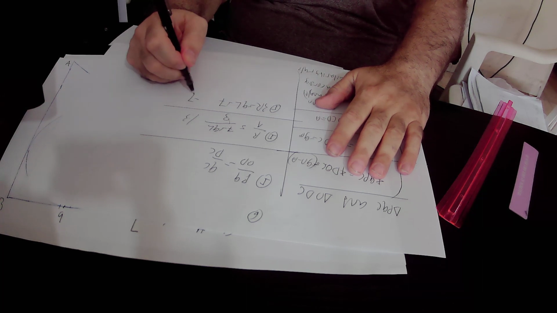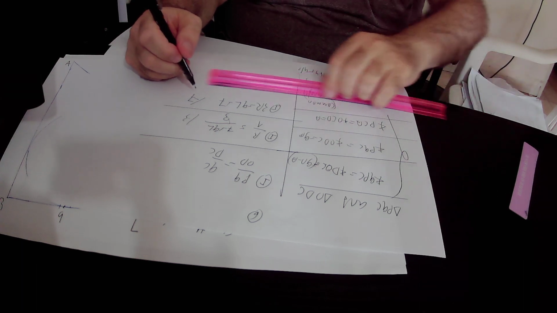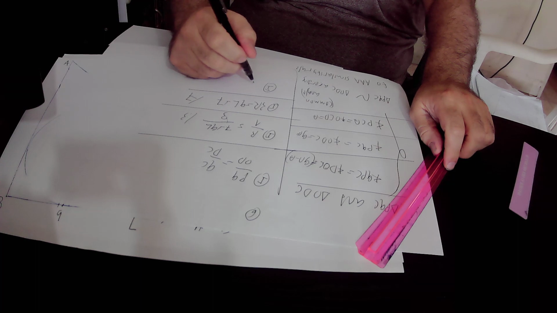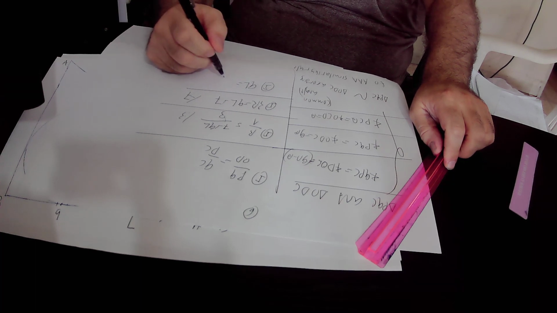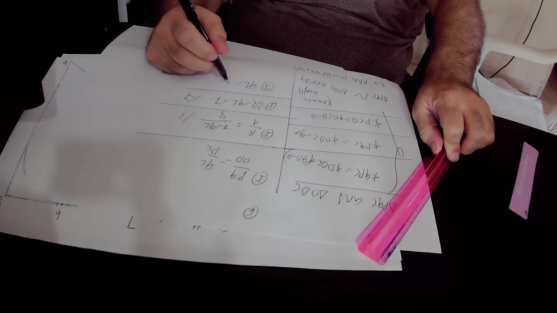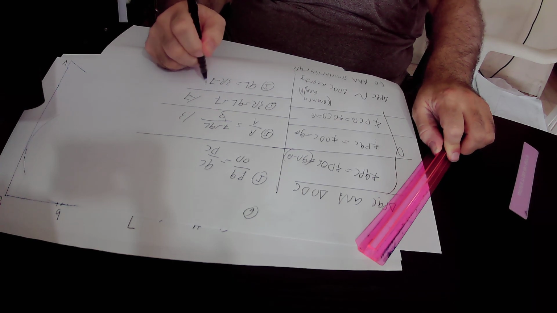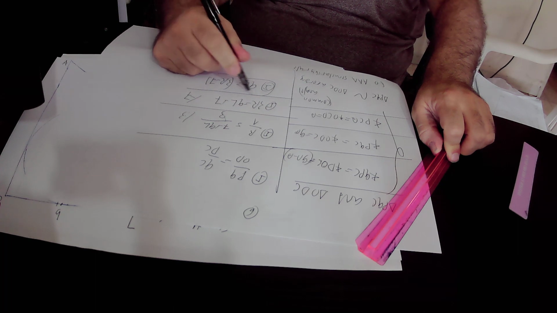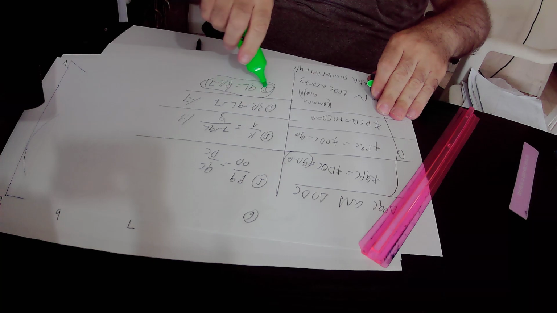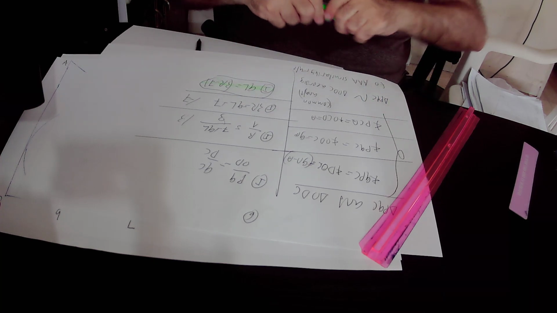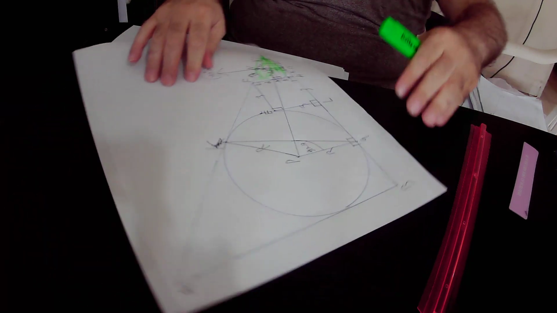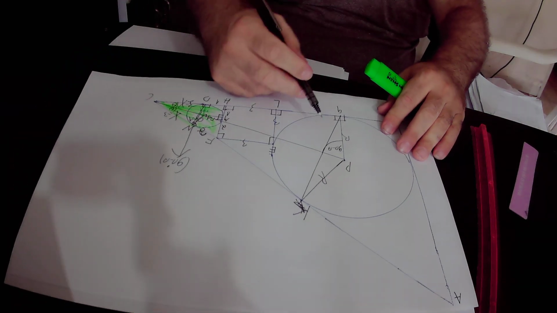Here we subtract 7 from this equation and we get that QL equals 3R minus 7. So I found out that according to equation number 1, QL is equal to 3R minus 7. So I can write here that QL is equal to 3R minus 7.